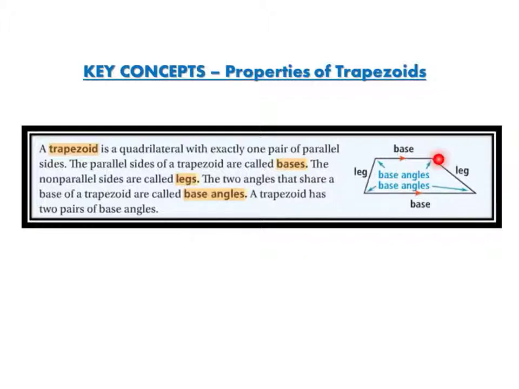Now the 2 angles that share the base are called base angles, and a trapezoid has 2 pairs of base angles. Here is 1 pair of base angles, and there's another pair of base angles.